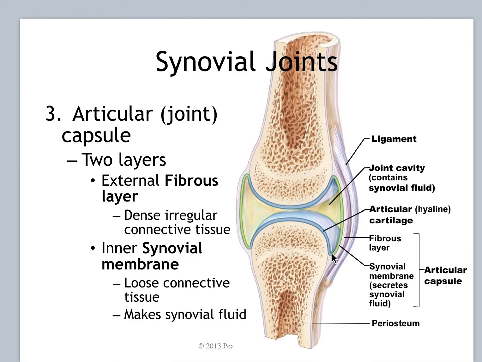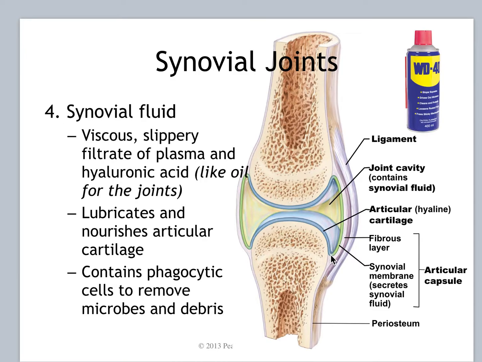It produces synovial fluid, which is highly viscous and acts as a lubricant. And all these are features that make the joint easily movable. Synovial fluid is like WD-40. It lubricates and it lets the joint move smoother.